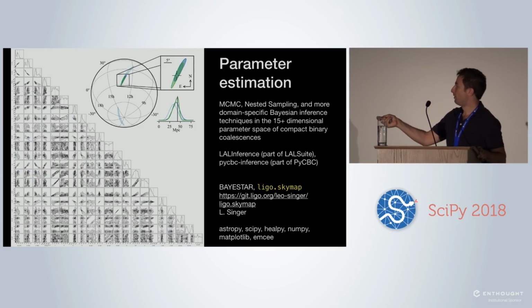Again, there's LALInference, which is a part of LALSuite, PyCBC Inference, which is a next generation, almost pure Python replacement, and also BAYESTAR, which is a code that I wrote as part of my thesis, which focuses on just determining the sky location and distance, and also comes with a suite of tools for working with LIGO probability maps.